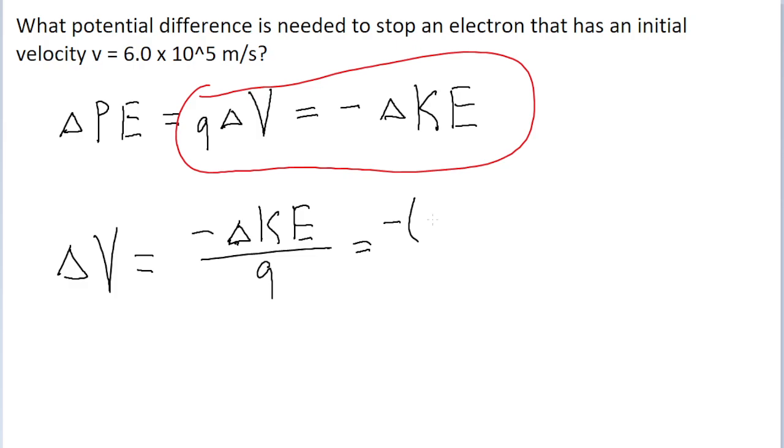So this could be read as the negative of KE final minus KE initial. And that is being divided by Q.